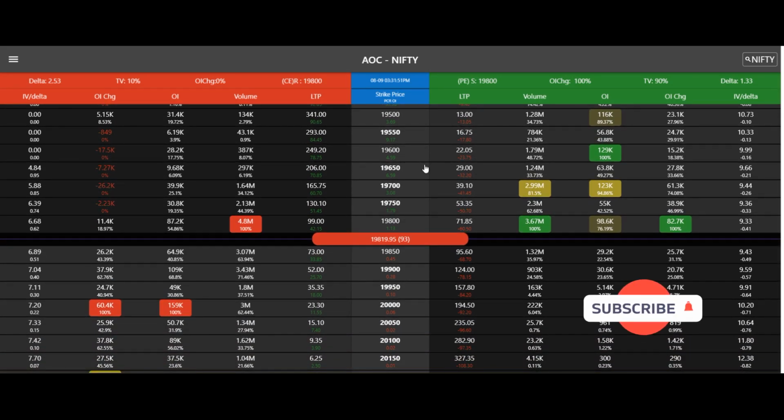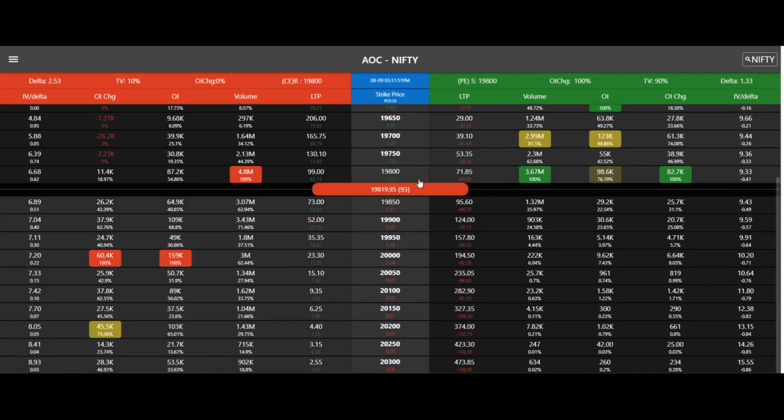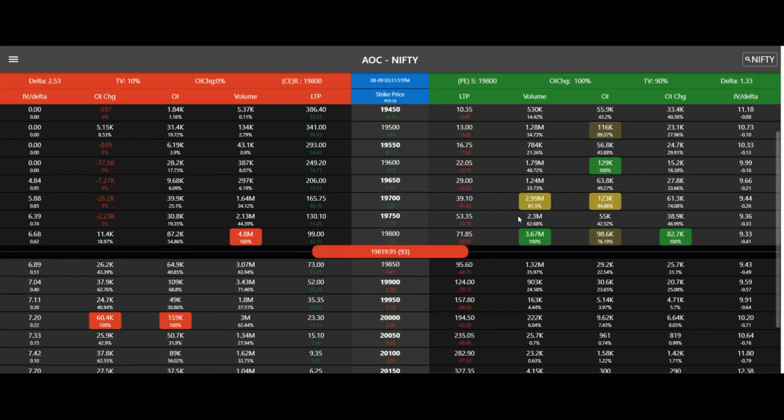So this is live data. This is also free. This one will give you clear ideas on where exactly the OIs are increasing and all those things. But the way the representation is done in those, I think that is much easier and more sensible than this. But this one will tell you which are the major support areas.